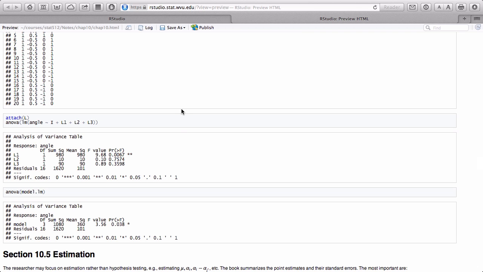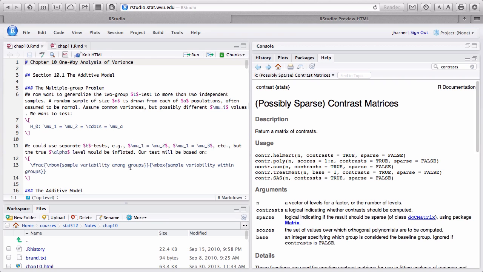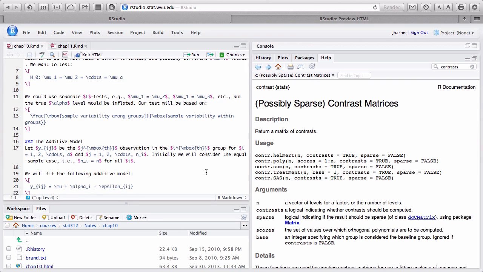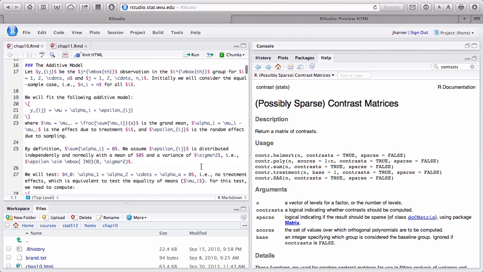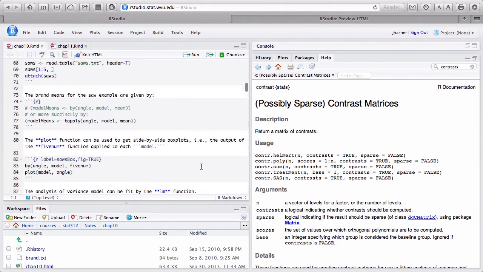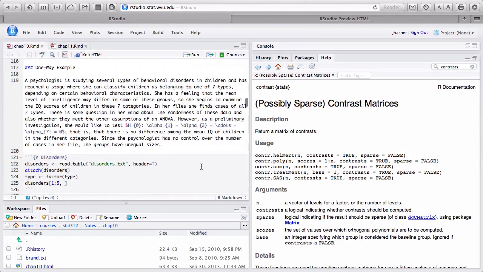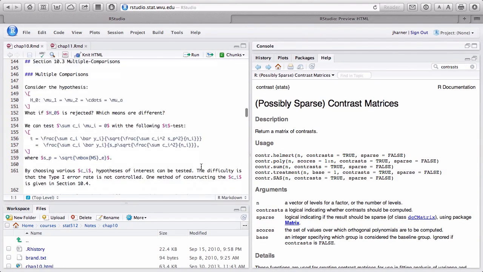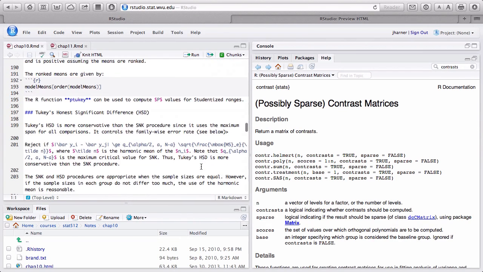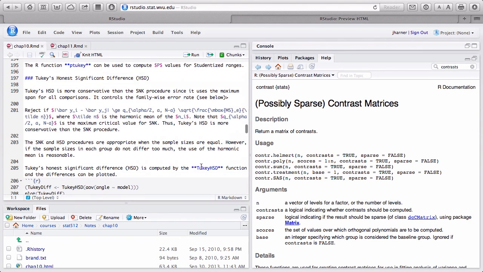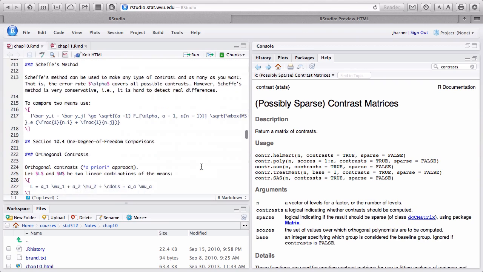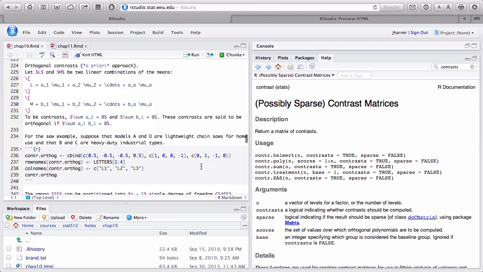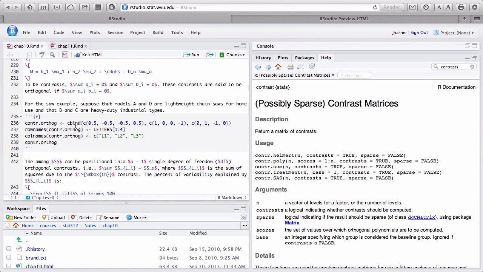So if I step through this, sometimes it's a little bit hard to find some orthogonal contrasts.